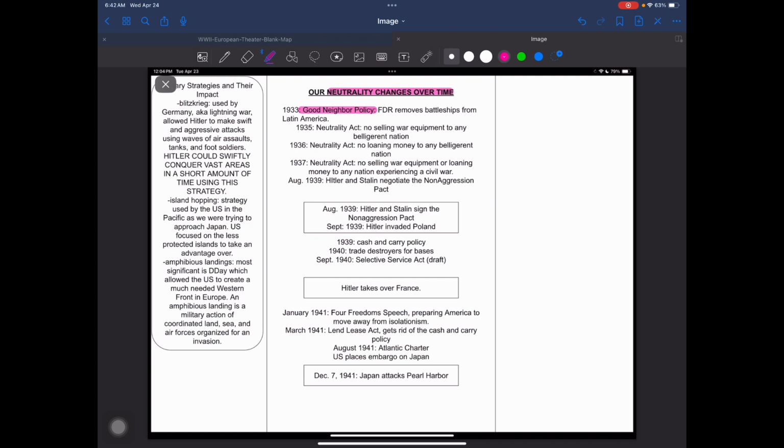Something else that we did in the 1930s, so actually during the Great Depression, is we passed a series of neutrality acts. And the reason we get these neutrality acts is because of an investigation held by what is known as the Nye Committee. When we studied World War I and we looked at, well, why did we declare war in World War I?